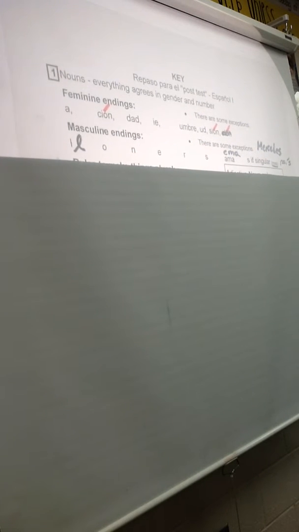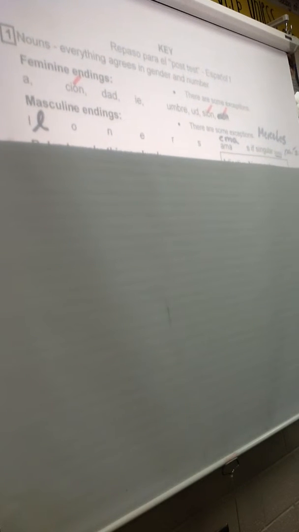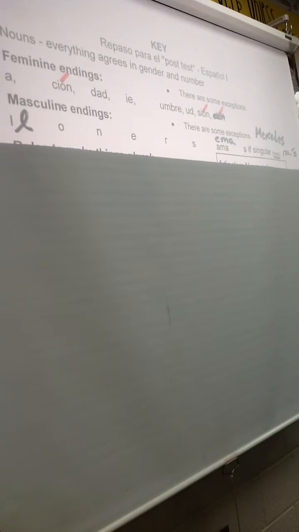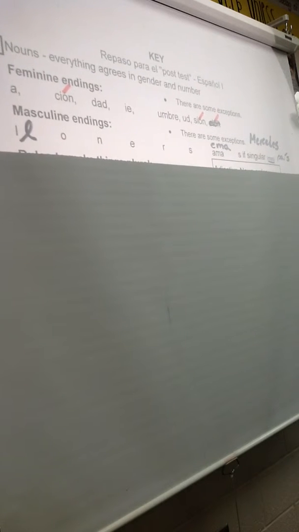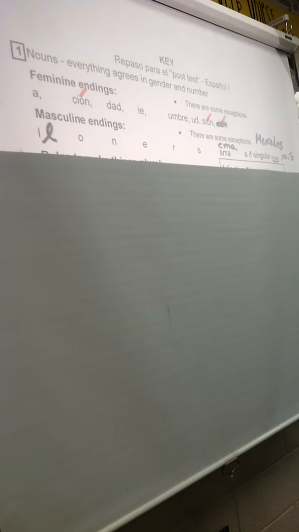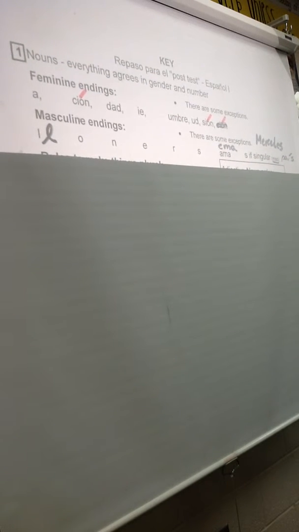Alright, so for nouns, we learned from the very beginning that in Spanish, words are either feminine or masculine, and the correct ending is what lets you know if it's a feminine noun or a masculine noun.